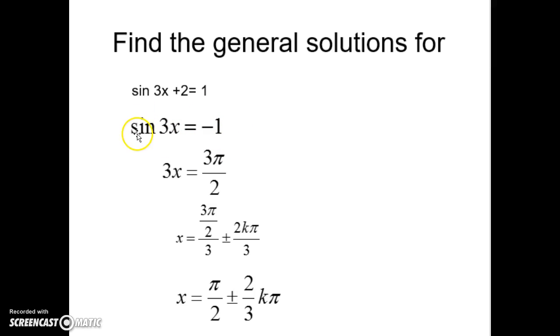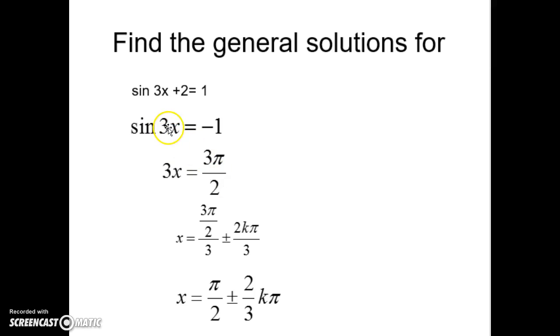And now I'm going to ask myself, the sine of what angle measure equals negative 1? When sine equals negative 1, the angle measure is 3 pi over 2. That is a quadrantal angle at 3 pi over 2.